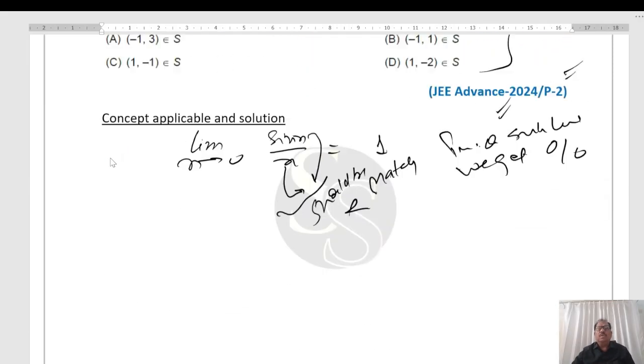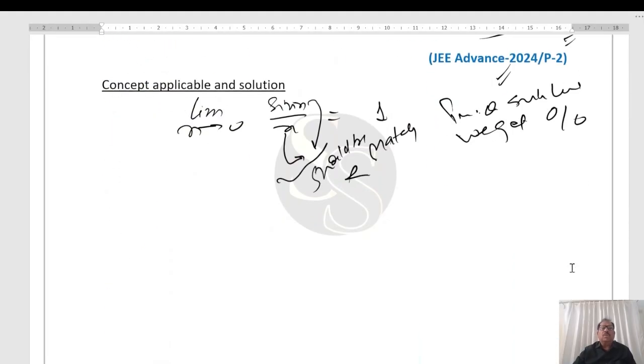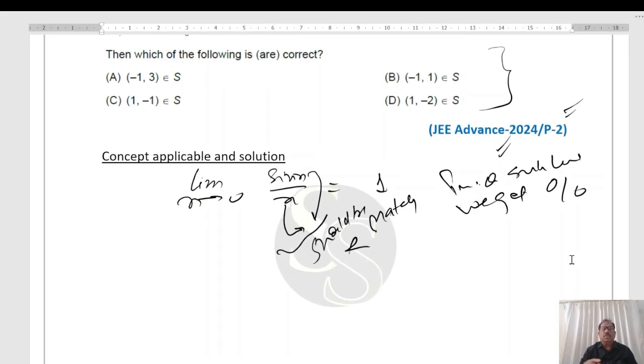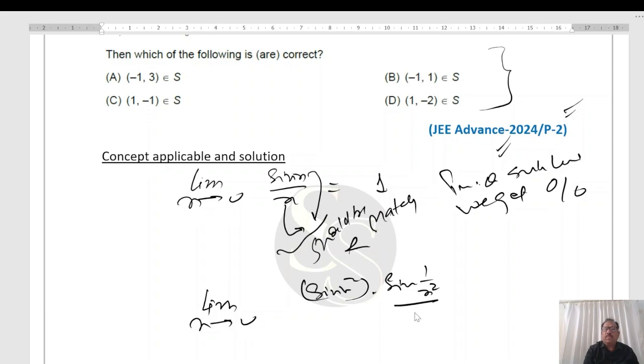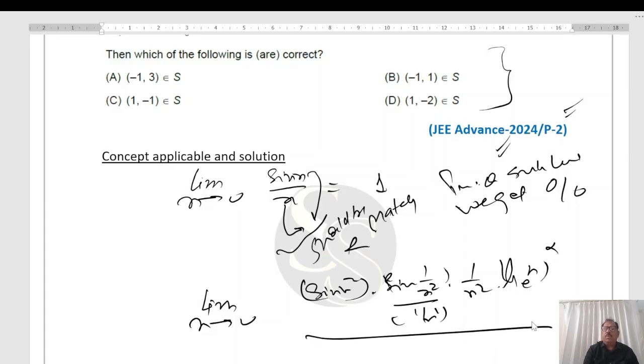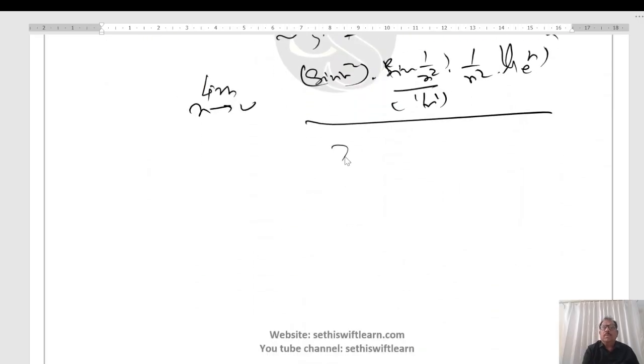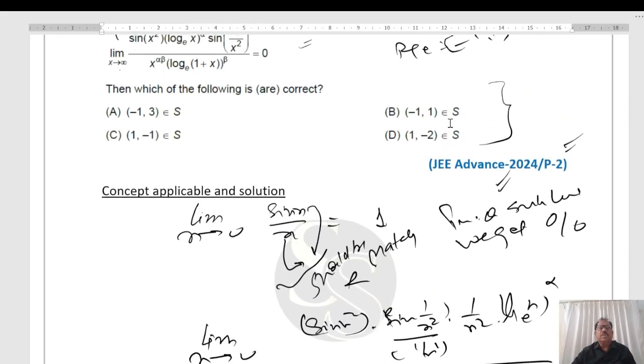Now let's write the question. Limit x tends to 0, sin of x square into sin of 1 by x square upon 1 by x square into 1 by x square into log of e x power alpha upon x power alpha beta into log of base is e.